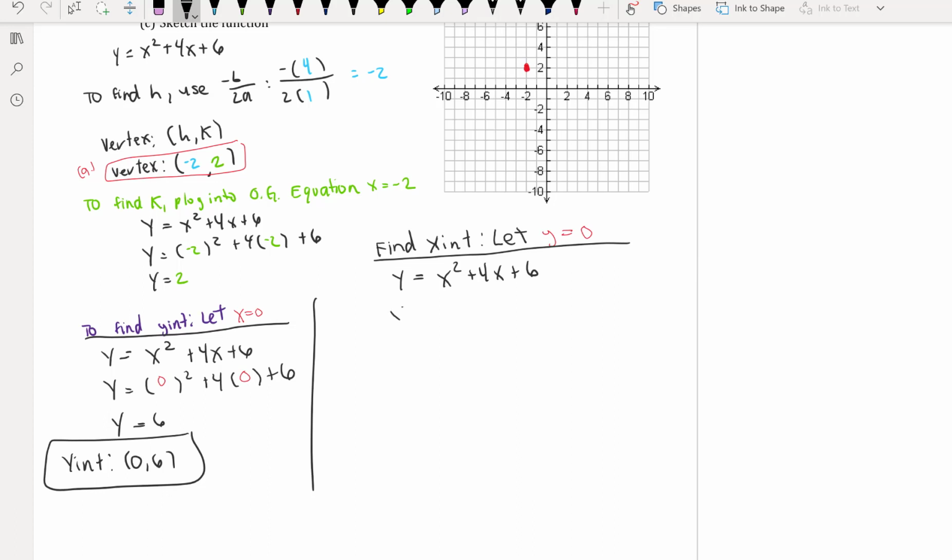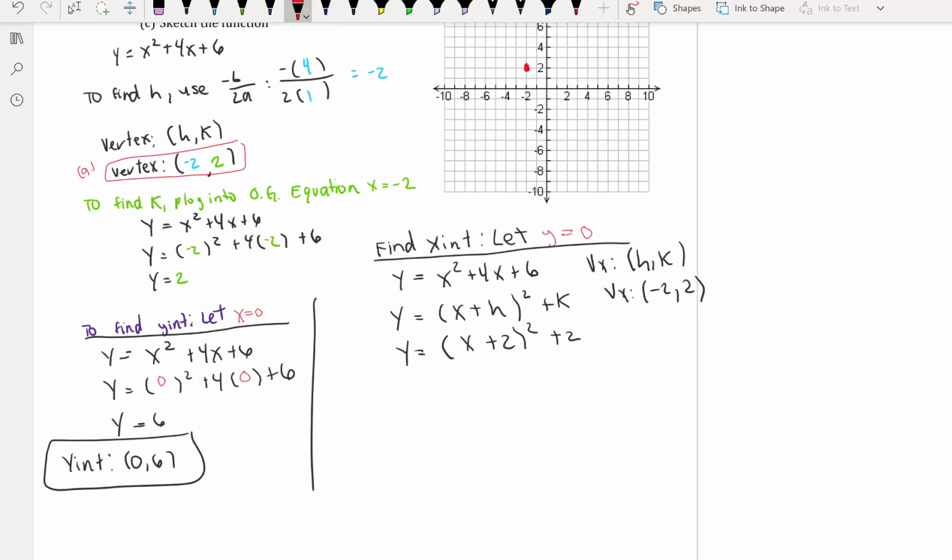We can't factor this, so we are going to use our generic form where we have x plus b divided by 2, squared, plus your k value. And don't forget, we already have the vertex. Let's actually make this my h value. There we go. The vertex, remember, was (h, k), and the vertex that we found was (-2, 2). So I'm going to have this as x plus 2 squared plus 2.